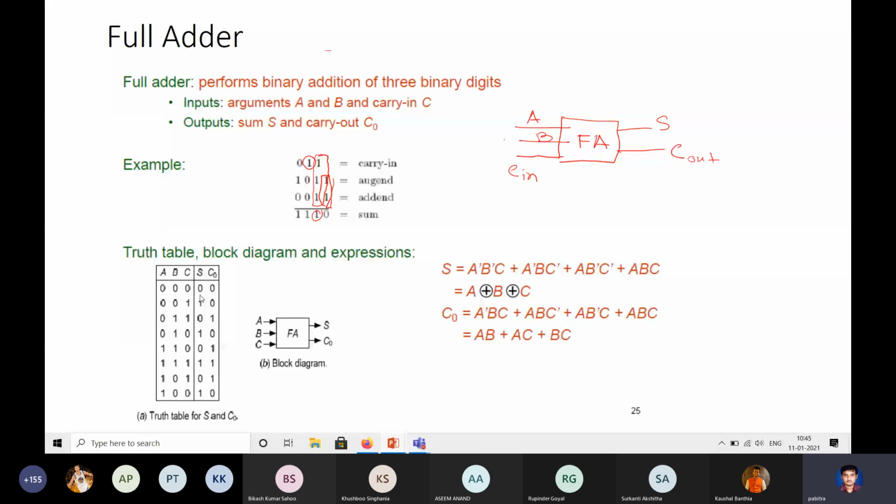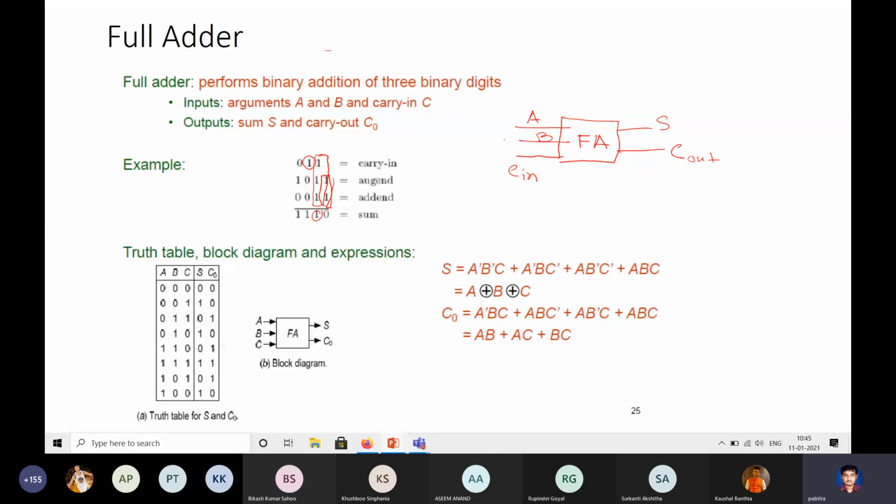What is the truth table? If A is 0, B is 0, carry in is 0, output sum is 0, carry out is also 0. If input is 0 0, carry in is 1, sum is 1, carry out is 0. If input is 0 1, carry in is 1, sum is 0, carry out is 1.